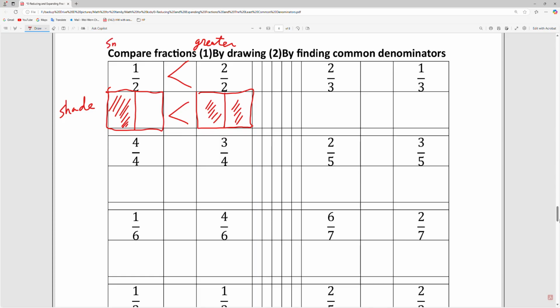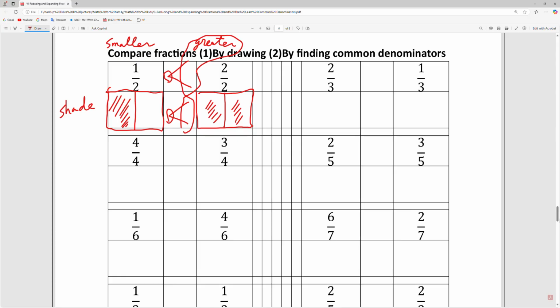This is smaller. Because you can see this side smaller and this side greater. Okay. So you may draw the picture to compare. That's a good way to understand. Very important way.